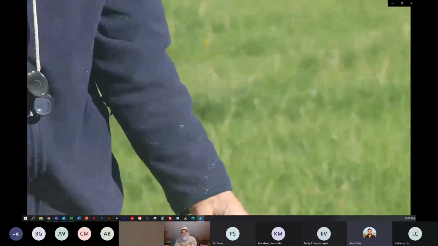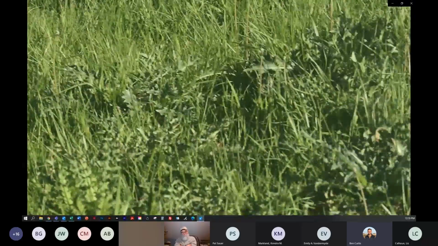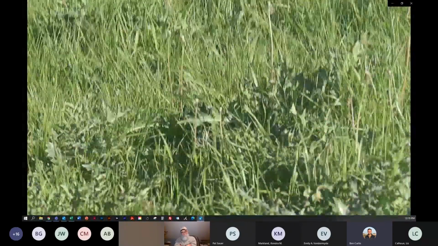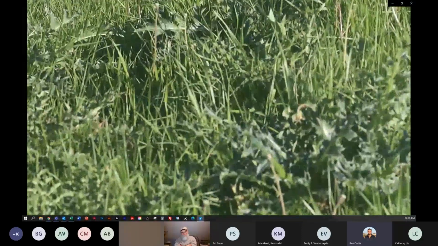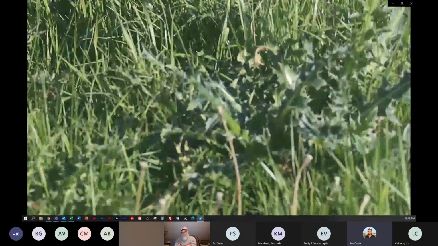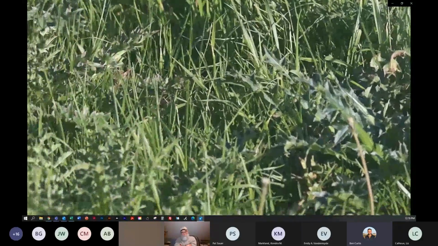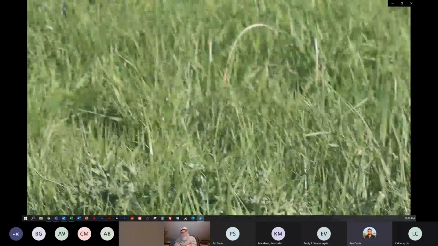But the one that is right below me is much different. There's about 5 or 6, maybe 7 or so rosettes here of musk thistle. This is, again, a pretty common weedy species, and maybe even getting to the point of being somewhat invasive in some places.